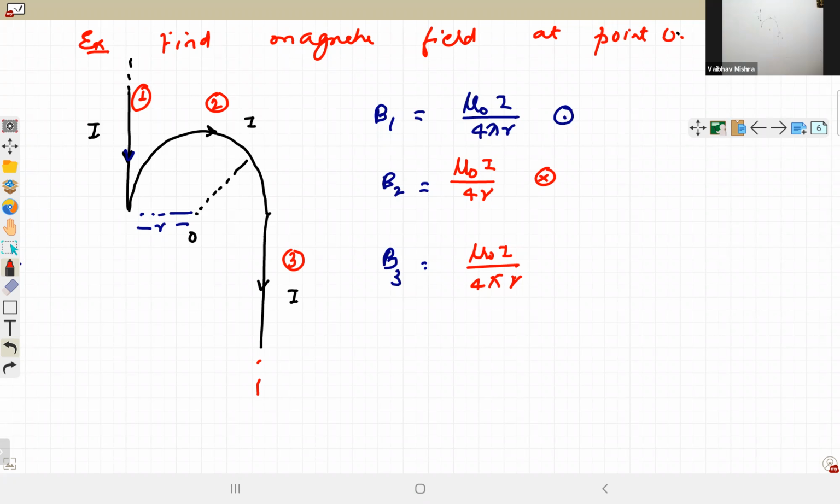Rahul, okay, sir. Magnetic field due to 1 and 3 are equal in magnitude but opposite in direction. Since they are equal in magnitude but opposite in direction, they will cancel out each other and net magnetic field will be left only of that semicircular loop.